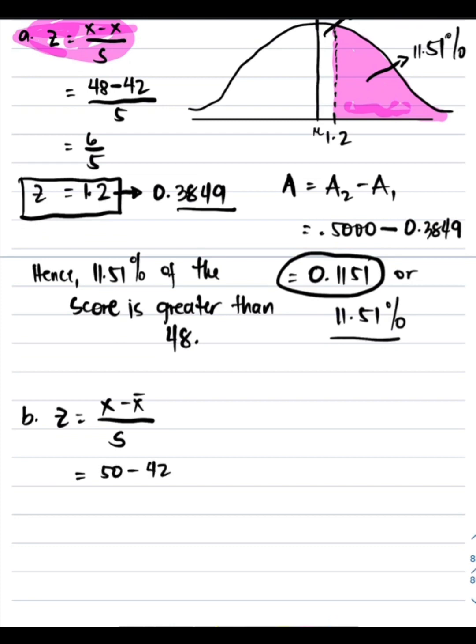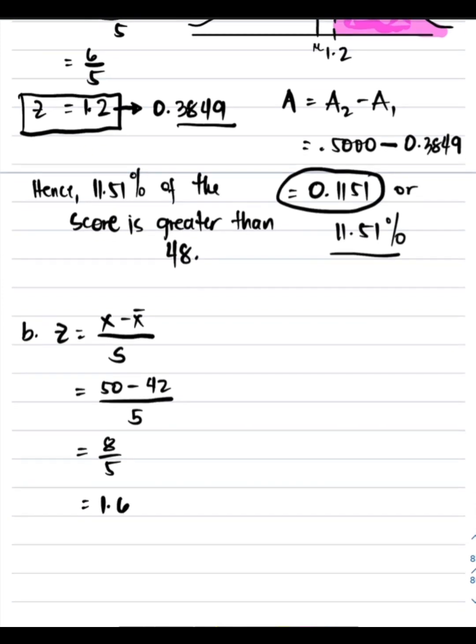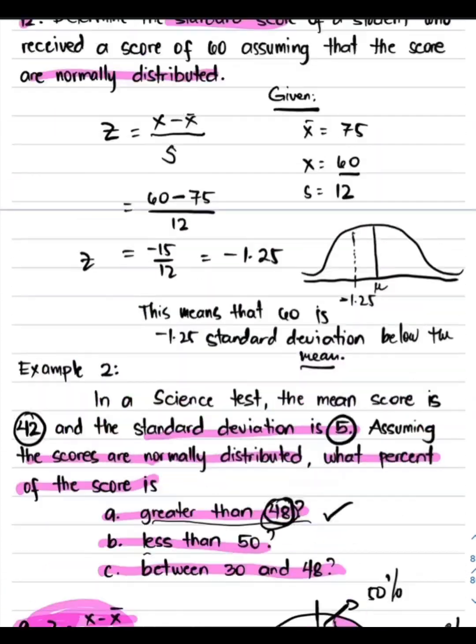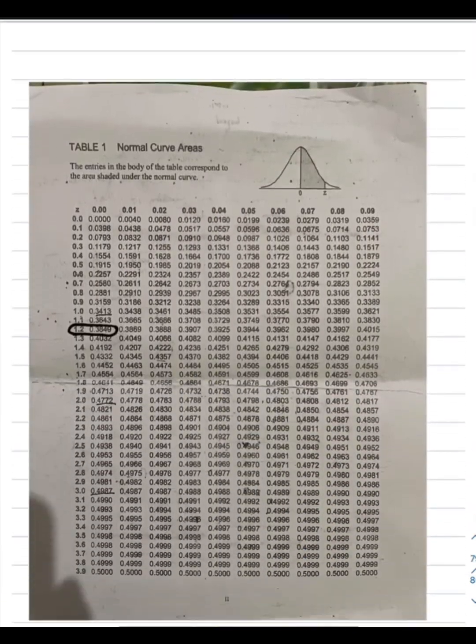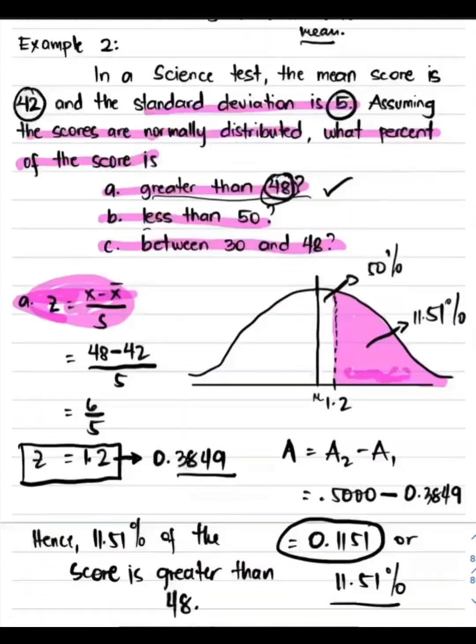Less 42 over standard deviation, that is 5. So that equals 8 over 5, that is 1.6. So our z is 1.6. Then the area when z is 1.6, let us look at the z table, 1.6 is this one, 0.4452.